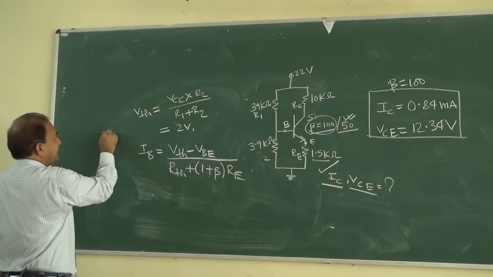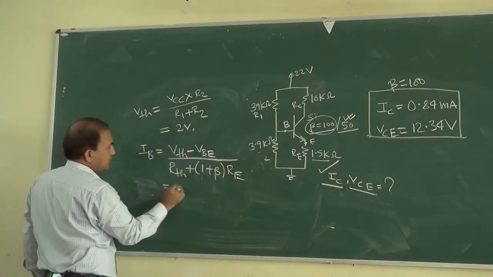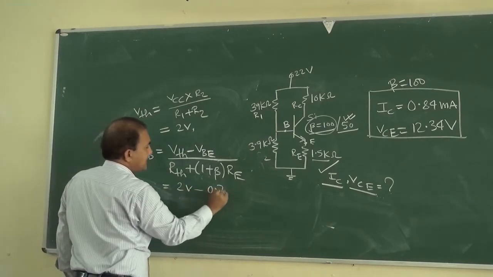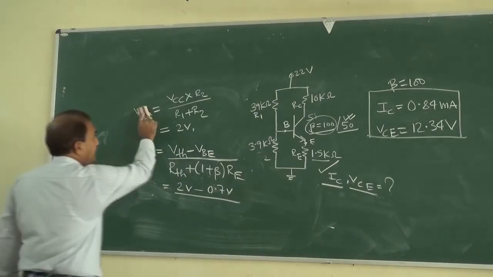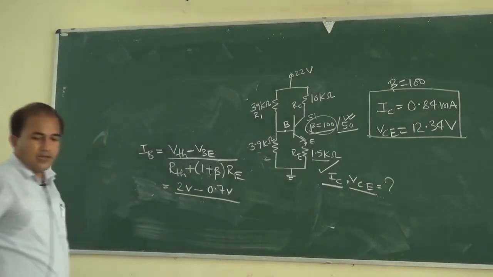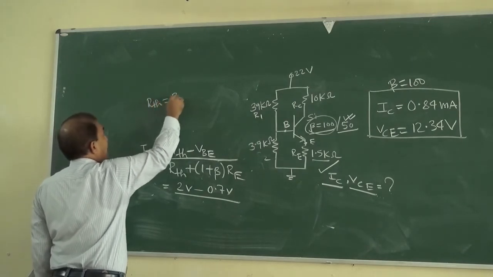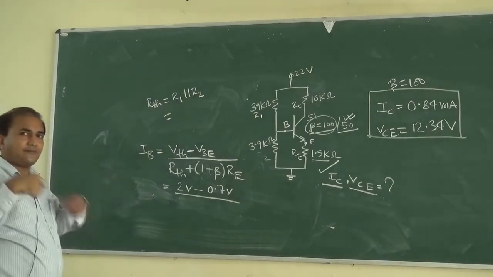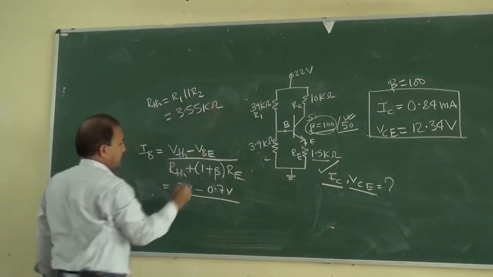So IB is equal to 2 volt minus 0.7 volt divided by RTH plus (1 plus beta) RE. How can we determine RTH? RTH is equal to R1 in parallel with R2, so the same value, 3.55 kilo ohm.